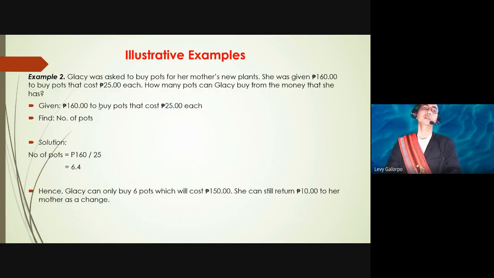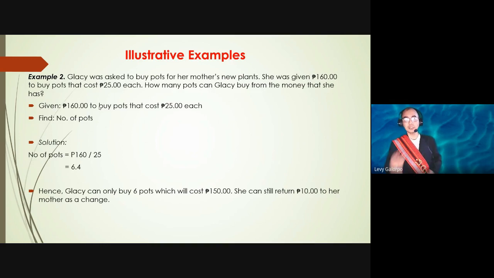Let's proceed with our example number 2. Glacy was asked to buy pots for her mother's new plants. She was given 160 pesos to buy pots that cost 25 pesos each. How many pots can Glacy buy from the money that she has?